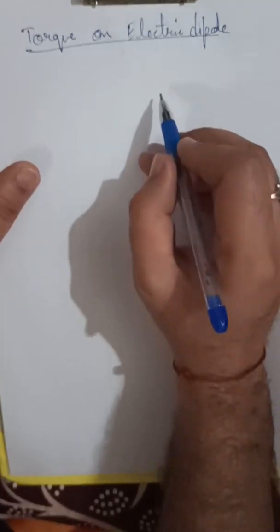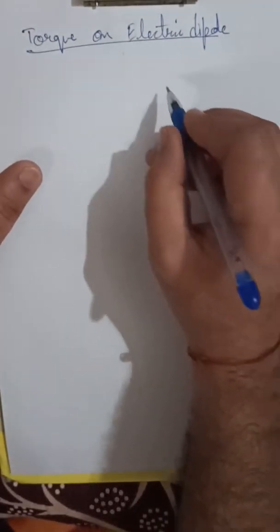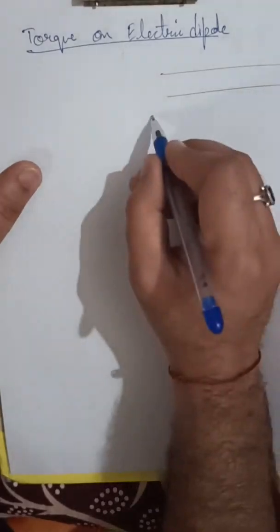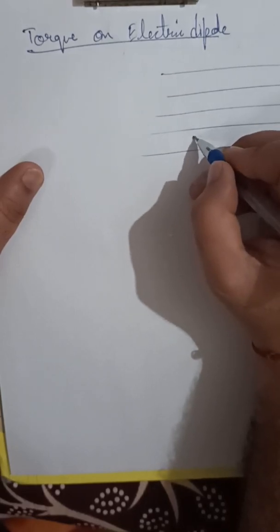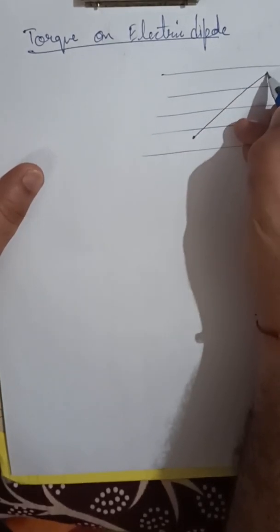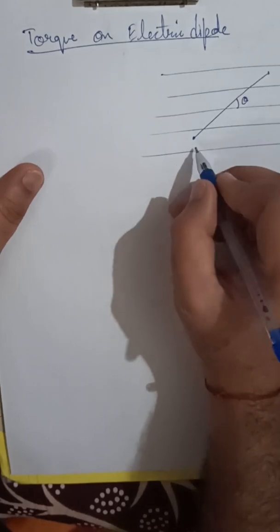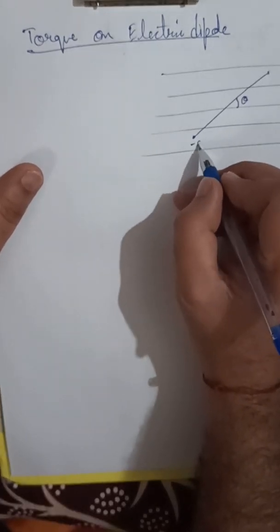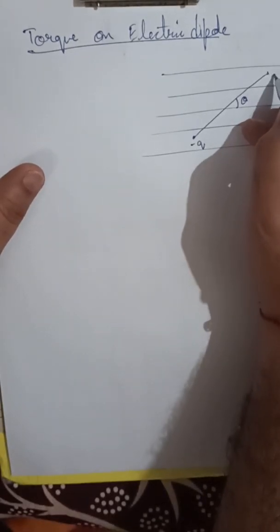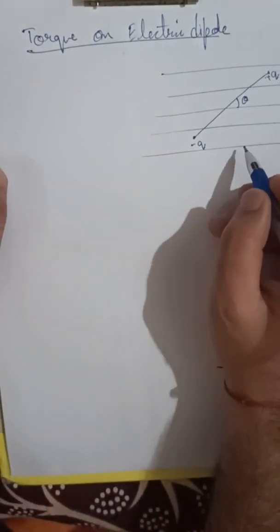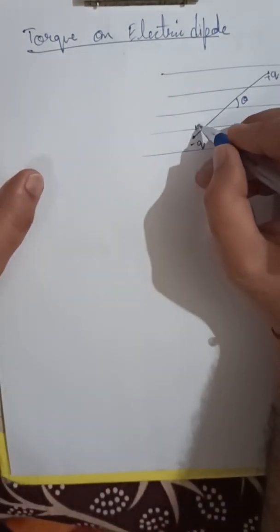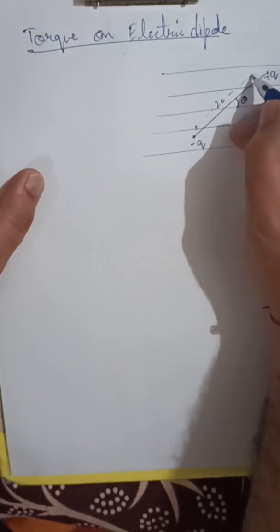So we will consider a uniform electric field E, and a dipole placed at some particular angle theta. Let this be minus q and this be plus q, the electric field is E, and they are separated by the same distance, twice of A.